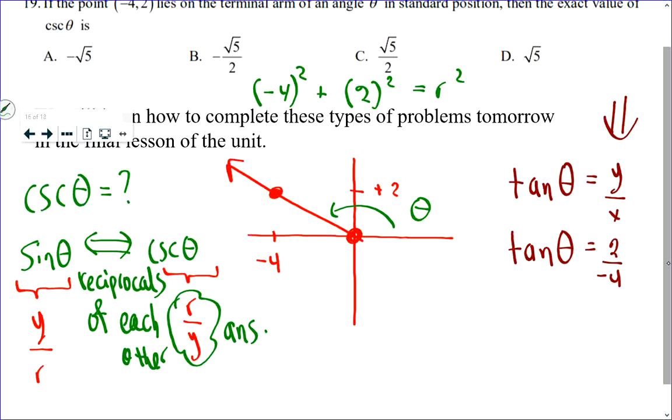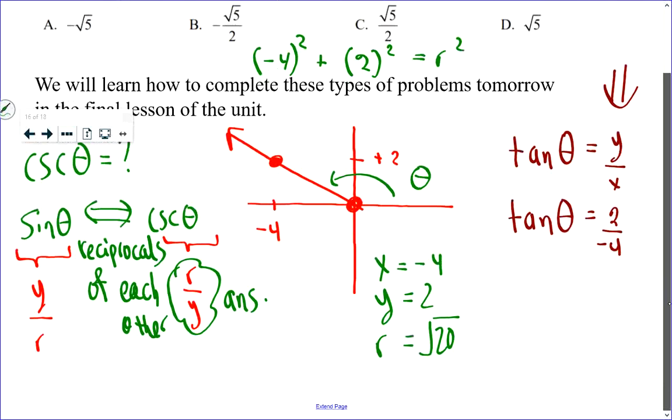Okay, so I've got a big mess of information here, but what we now know is x equals negative 4, y equals 2, r is equal to root 20, and you're asked to determine cosecant, which we've already figured out is r over y.